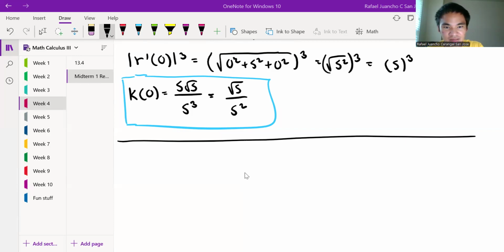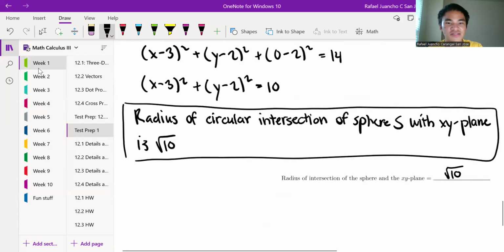Okay. I'm thinking of what to do. Maybe I'll do something from one of my exercises. Let's do something from each week. Pick something hard.